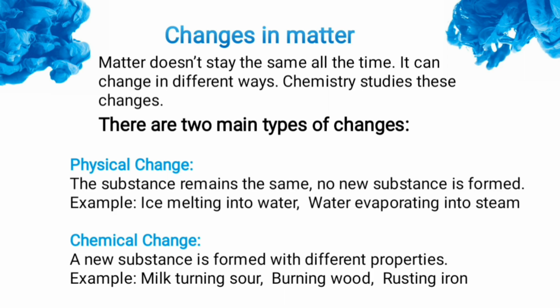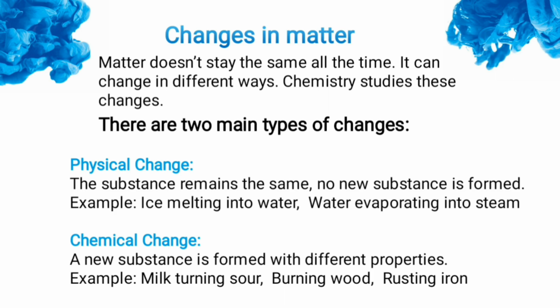In a physical change, the substance remains the same, no new substance is formed. Example: ice melting into water, water evaporating into steam. These are physical changes because no new substance is formed.